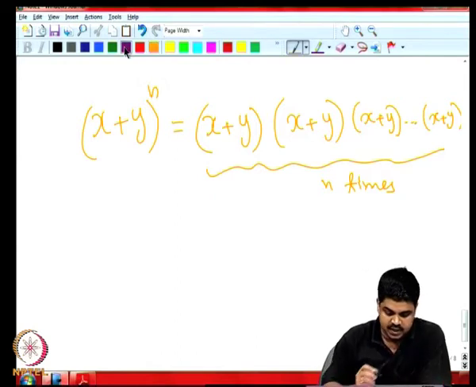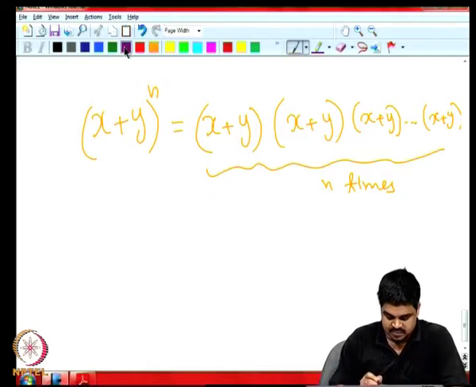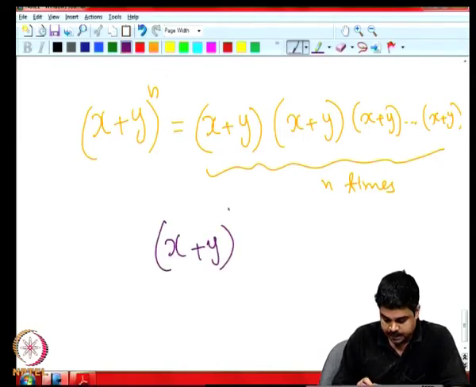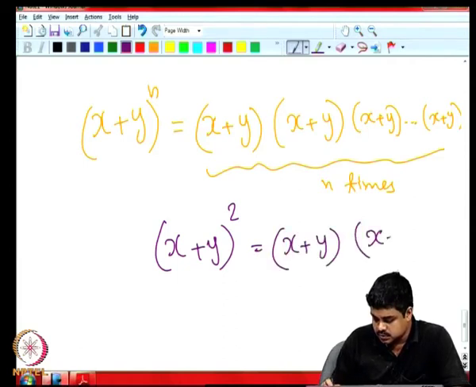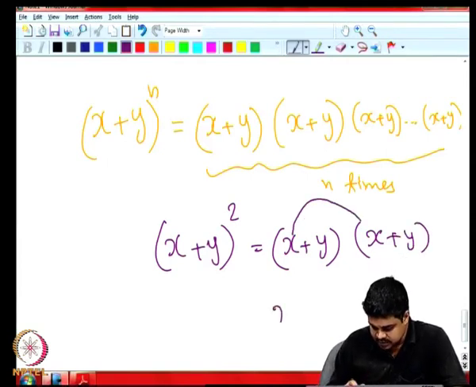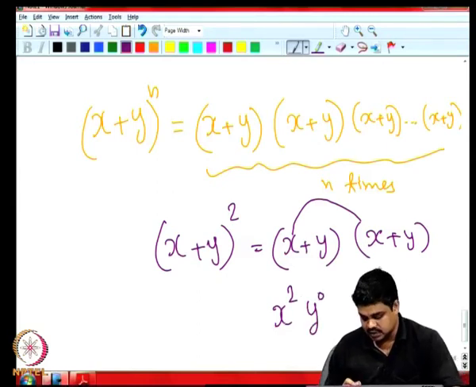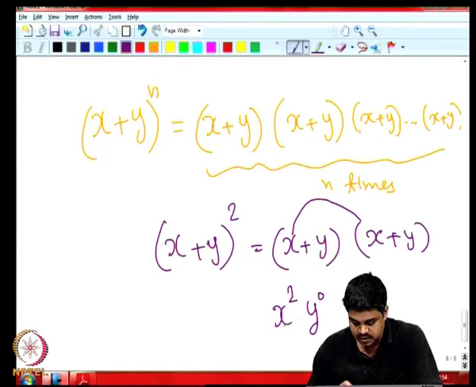For instance, we can take a small example, n equal to 2. So x plus y squared will be equal to x plus y into x plus y. So we multiply this, and we get x squared, which is x squared into y raised to 0. When y is not there, it is y raised to 0, that is 1.